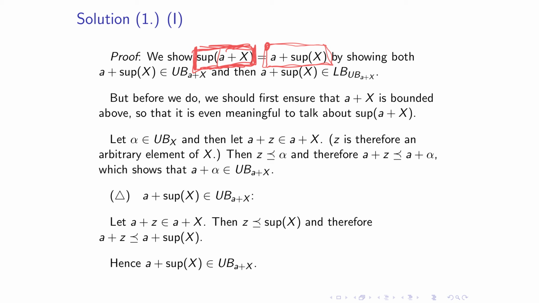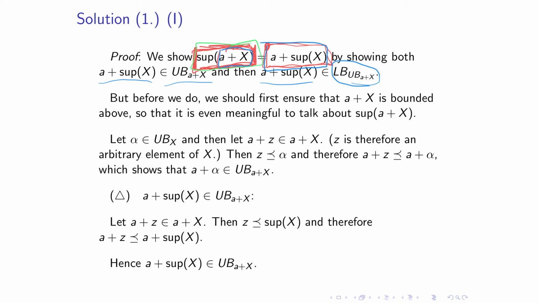If that's what we're doing, we're going to show that this thing has the properties of the supremum of this set. Then we have to show that A plus sup X is an upper bound on that set, and also that A plus sup X is a lower bound on the set of all upper bounds of A plus X. But before going any further, we want to ensure that this sup of A plus X even exists.